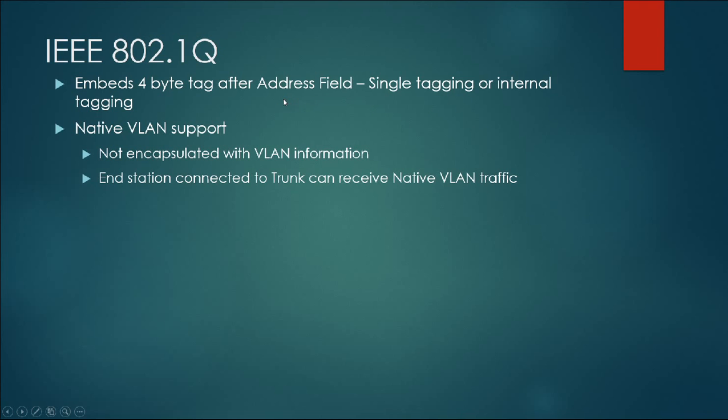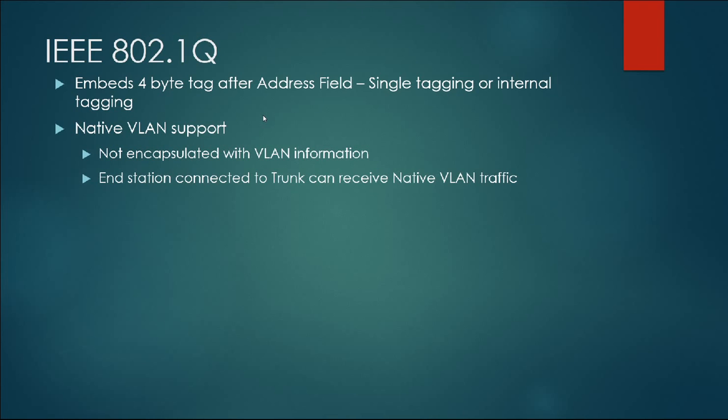Now, one feature that 802.1q has over ISL is that it supports a native VLAN. A native VLAN is basically unencapsulated traffic that's sent over your trunk that can be interpreted by a host.